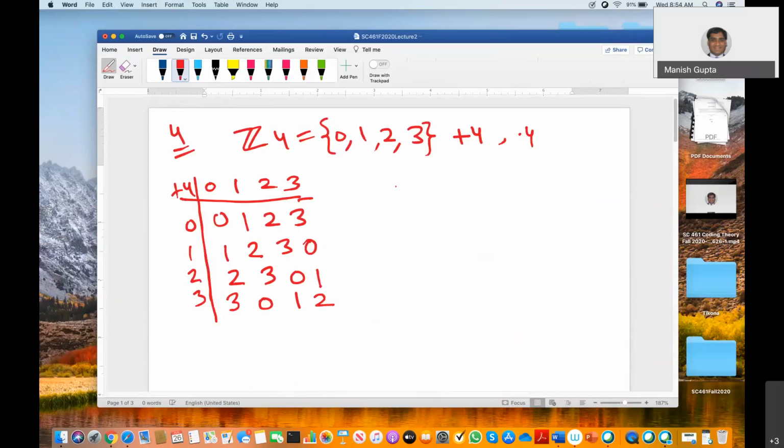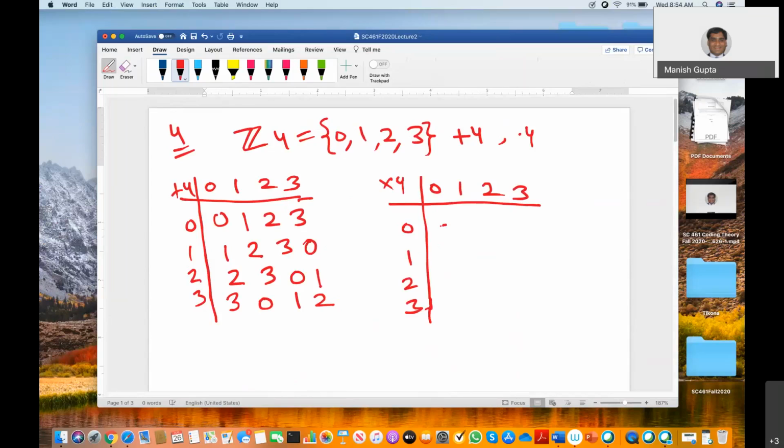Let us make a table for multiplication modulo 4. 0, 1, 2, 3, 0, 1, 2, 3.